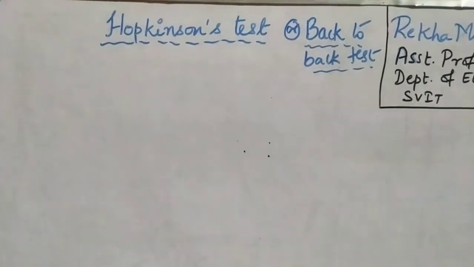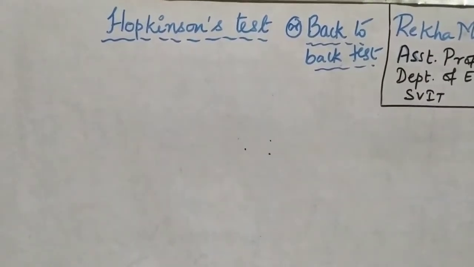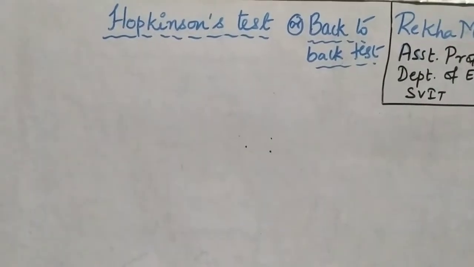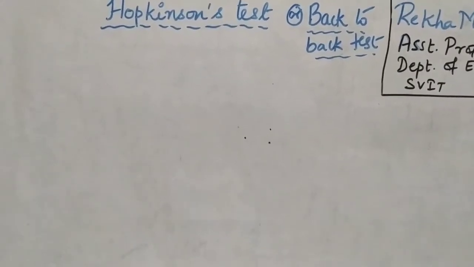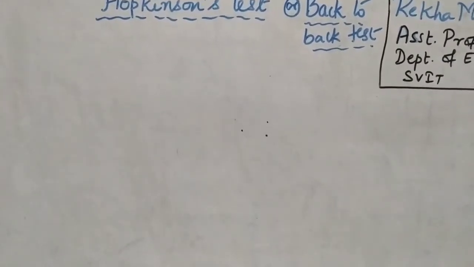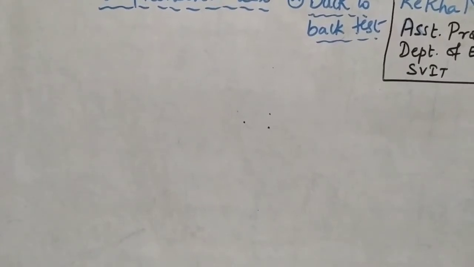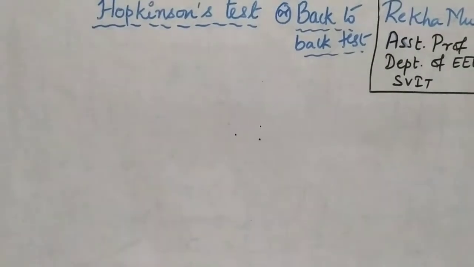We use a generator and a motor connected back to back. Both the motor and the generator will be mechanically coupled with each other, and both are mechanically and electrically connected in parallel. So it is called a back-to-back test.